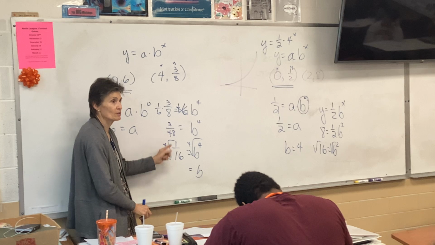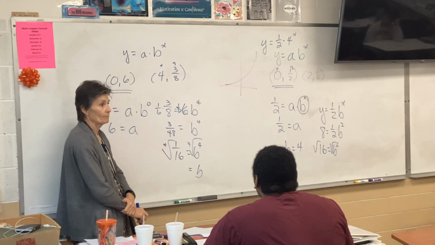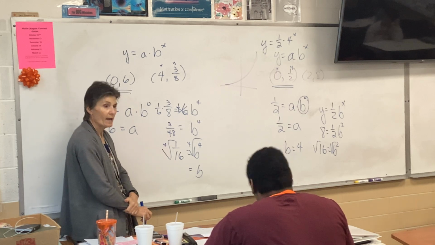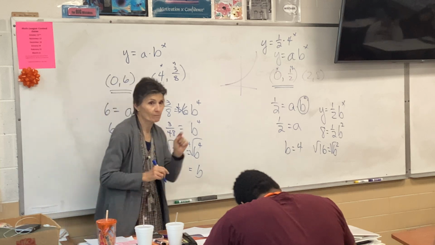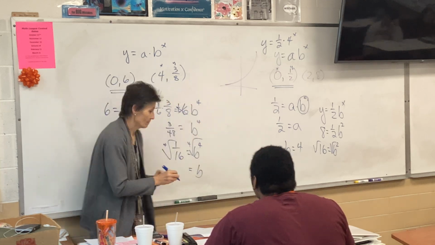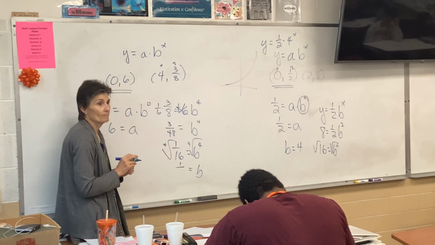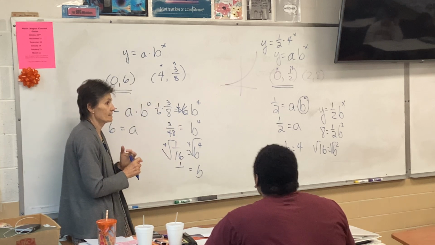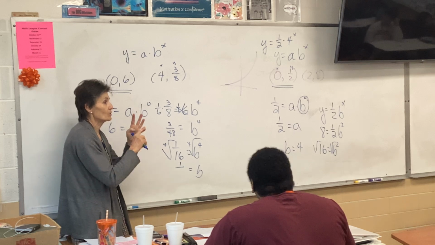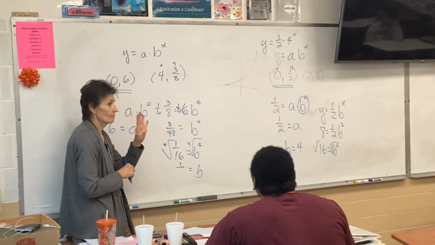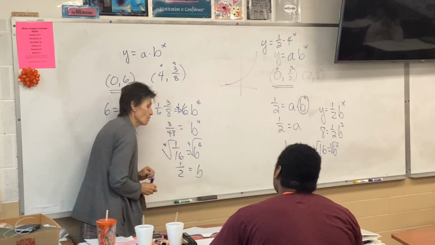I'm doing each part individually. The 4th root of 1 is, yeah, guys, any root of 1 is 1. And then what's the 4th root of 16? No. 4 times 4 is 16. I need 4 of something. 2, 2, 2, 2. So B is 1/2.